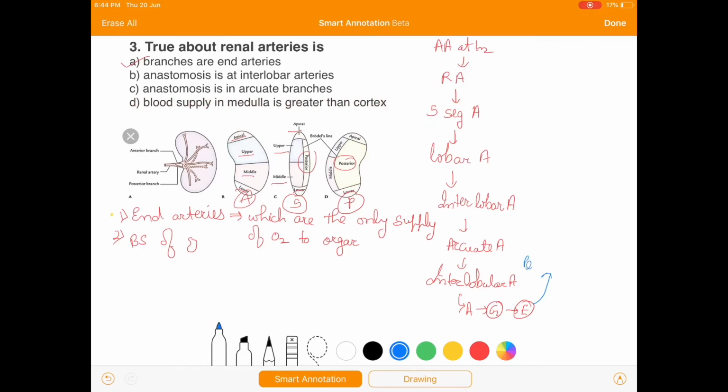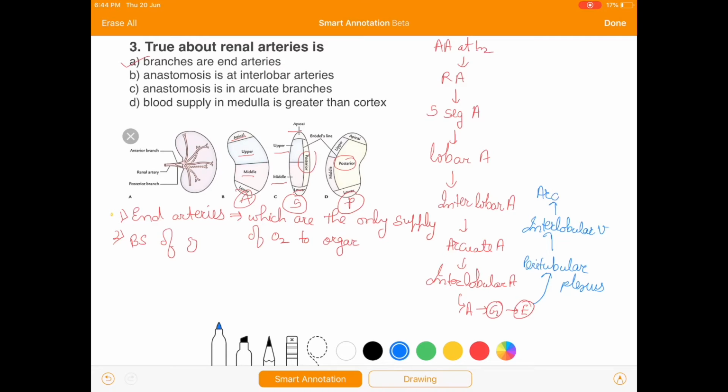Then is peritubular plexus. Then we have interlobular vein.